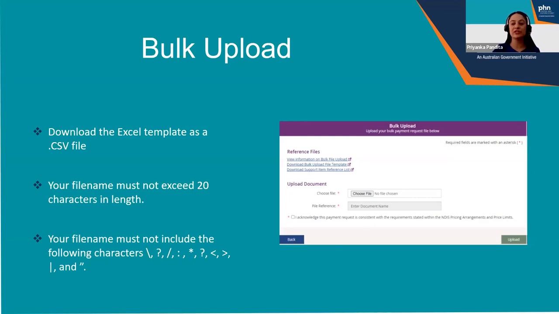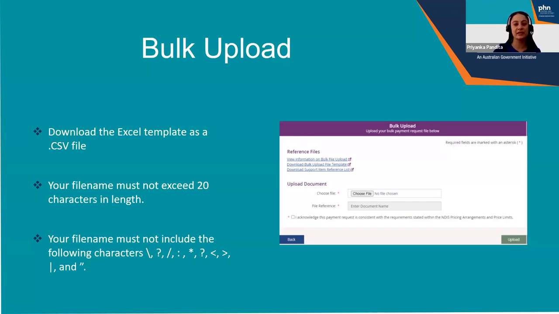The bulk upload file template is the bulk payment request template that the provider will need to submit and upload to make a bulk payment request. And then we have the support item reference list. It is an Excel document that can be downloaded, and it has all the names and the codes for the service bookings.